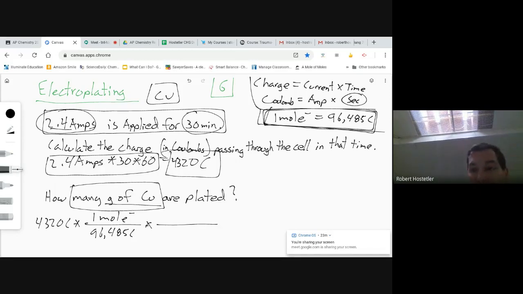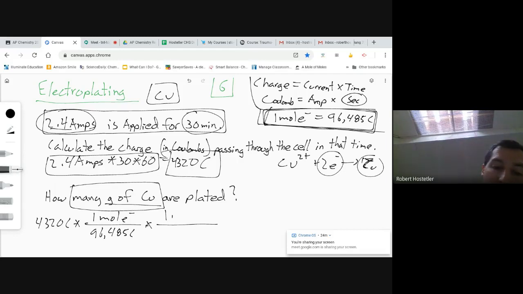Now at this point, you need to look at the half reaction for whatever metal you're talking about, and they should provide that. In this case, we have something that looks like this, where the copper is a +2 charge, and it's turning into copper metal. So for every 2 moles of electrons, we get 1 mole of copper.